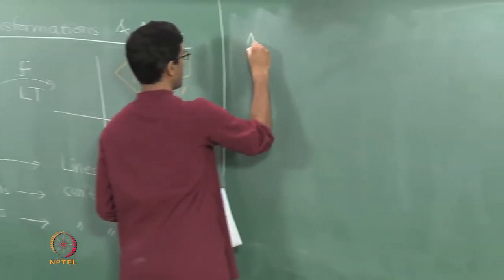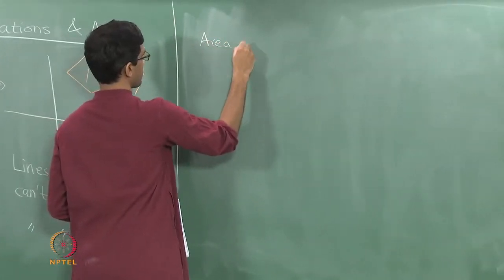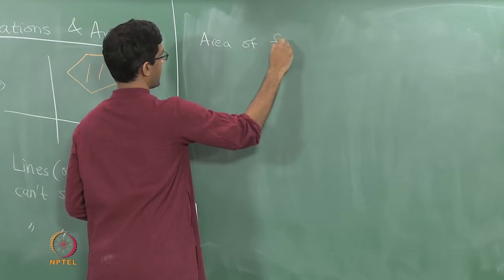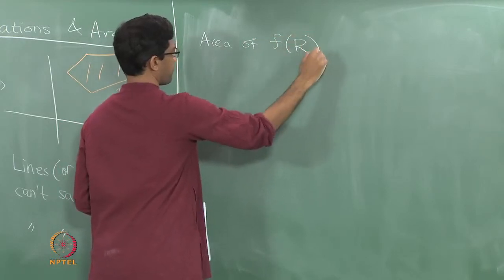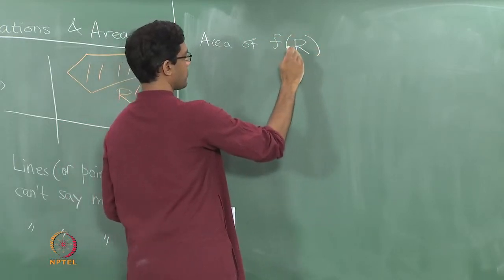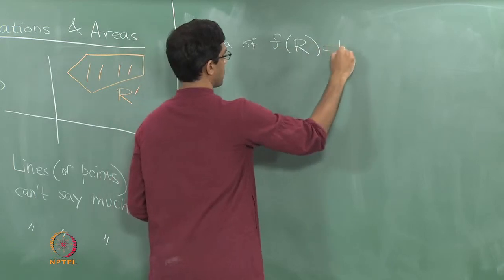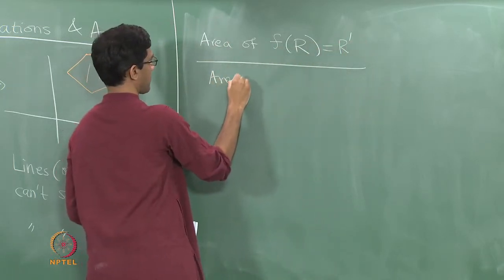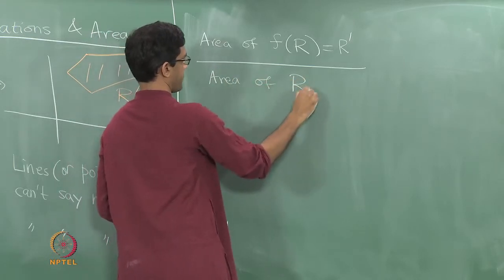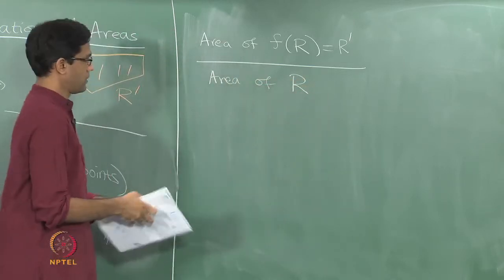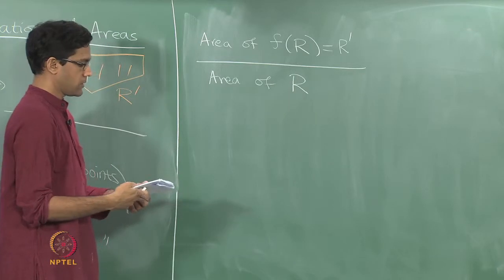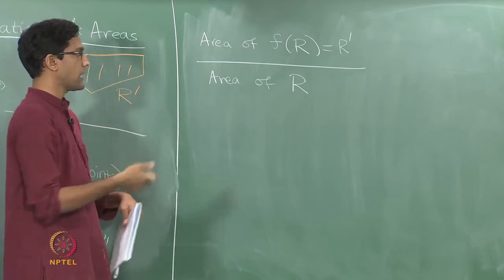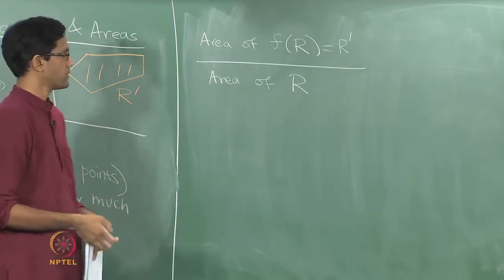I want the area of the region R dash, which is what we would call f of R, the image of R under the function f, divided by the area of R. This you might want to call the area scaling factor or the area dilation factor.